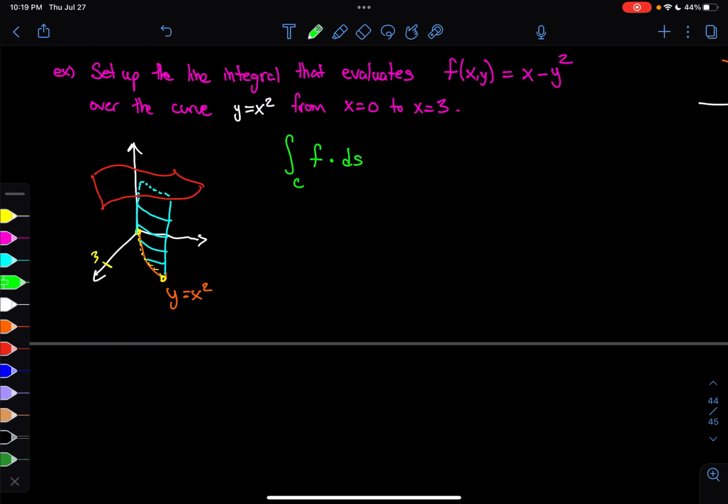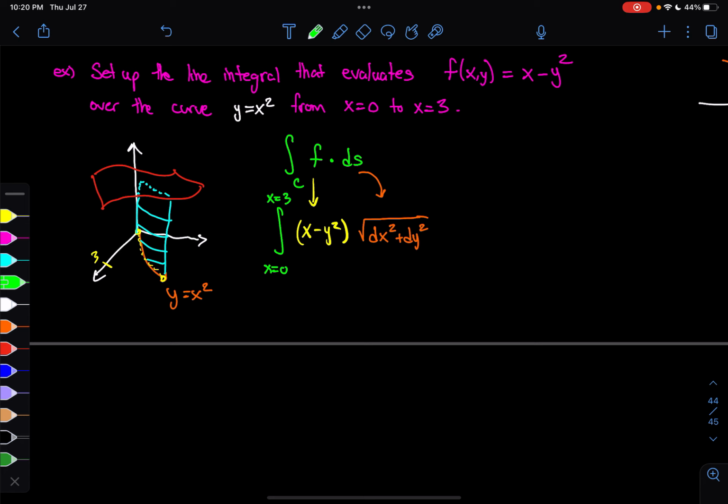Now, obviously, we need to elaborate on this. That's no problem. Our function that we're interested in is given by x minus y squared. Wow, very scary, right? So, what is ds? Well, ds is a bunch of tiny little arc lengths, given by the square root of dx squared plus dy squared. And our bounds we want to be x equals 0 to x equals 3.